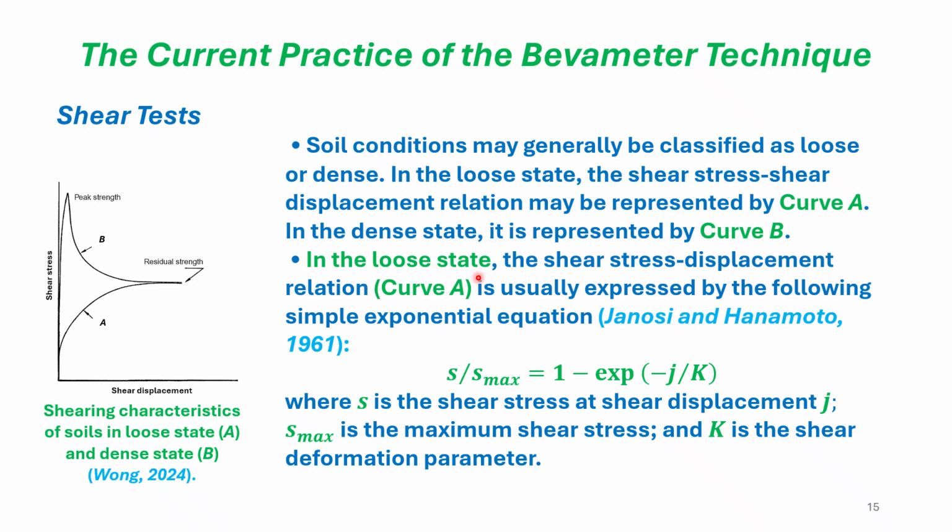In the loose state, the shear stress-shear displacement relation is usually expressed by the following simple exponential equation, as indicated here. In this equation, S is the shear stress at shear displacement j, S maximum is the maximum shear stress, and K is the shear deformation parameter.